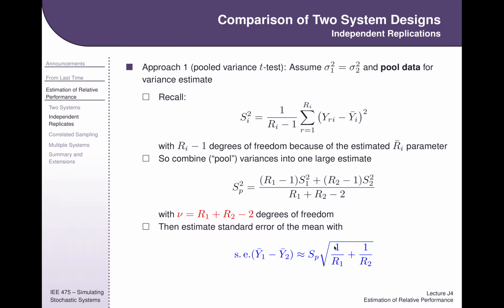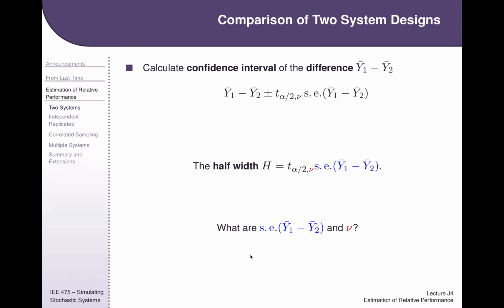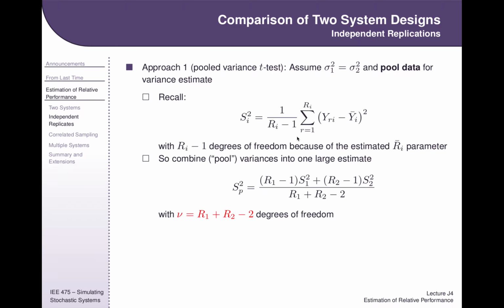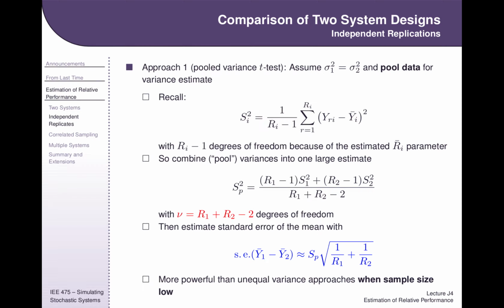If you're not quite sure where that formula comes from, approach 2 will give you a better idea of how to derive it. But the basic idea here is that we have two formulas, one for the degrees of freedom and one for the standard error of the mean. And if we were to go back, we can plug those into our half-width formulas, and we can now generate a half-width and a confidence interval based on a pooled variance assumption.